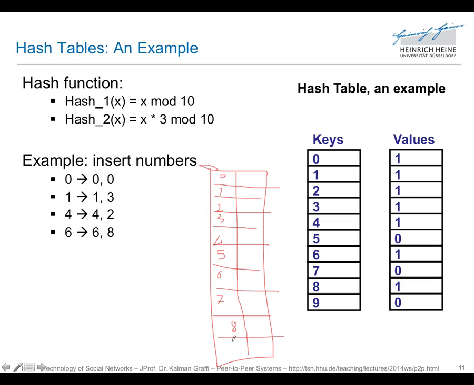So we have a bit array of 10 elements, and the first element only gave us a 1 here, and all other elements are 0. Then we have a next element which is 1, and we have to place it here. So the first hash gives at the position 1 a marking, and at position 3 we also have to set 1.